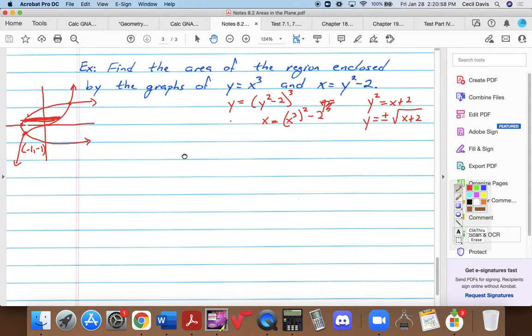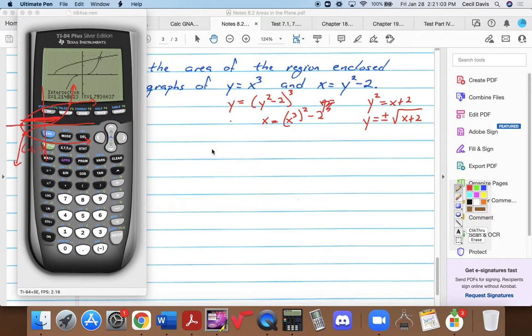So our area is going to be the integral from -1 to 1.793 yada yada yada.